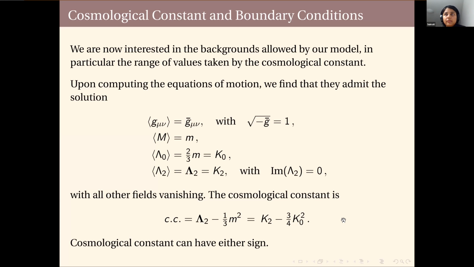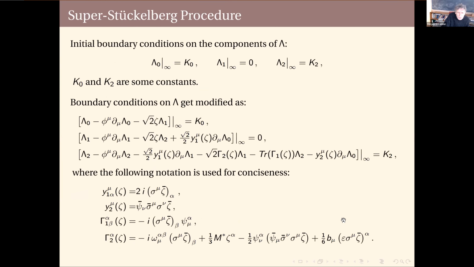I just had a very quick look at the reference you put in there. It looks like they are augmenting the unimodular one with some additional field. Is that correct?